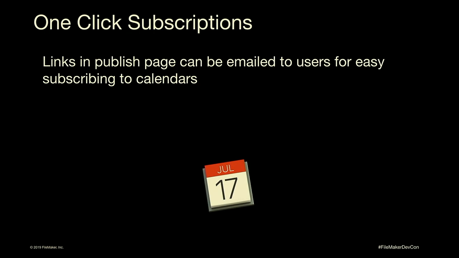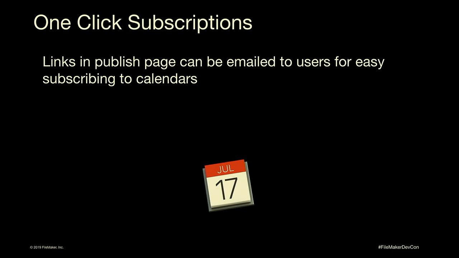This leads nicely into our next new feature, which is more on the user end for getting these calendars set up on your users' devices. We've reconfigured the subscription URLs so that they're recognized by Apple Calendar as a calendar URL.